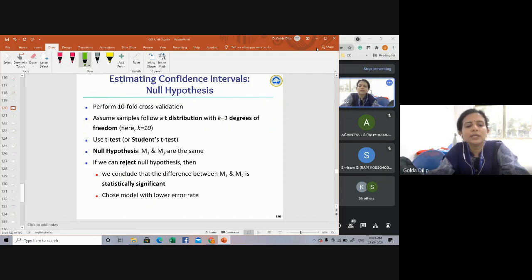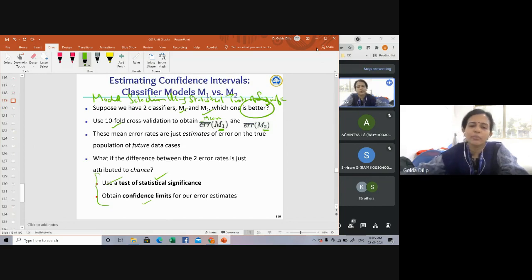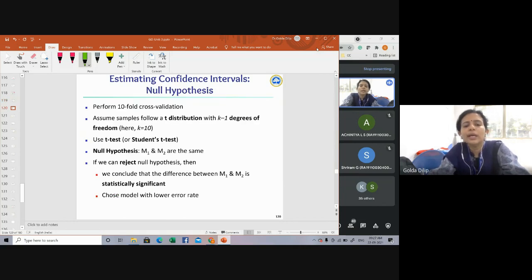So now the question is, what do we need to perform this statistical test? For that we perform a tenfold cross validation. You assume that the samples follow what is called a T distribution with k minus 1 degrees of freedom.